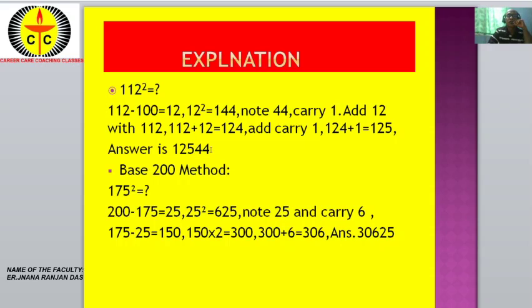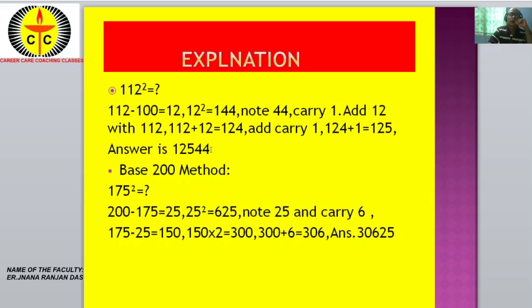In this way, we find the square of a number in the 100 base method. Suppose the number is more than 125, then we can apply another method.